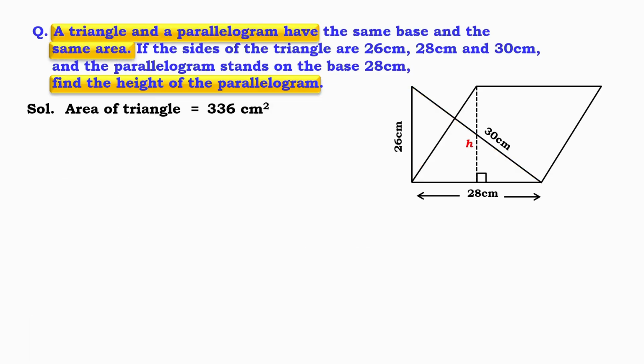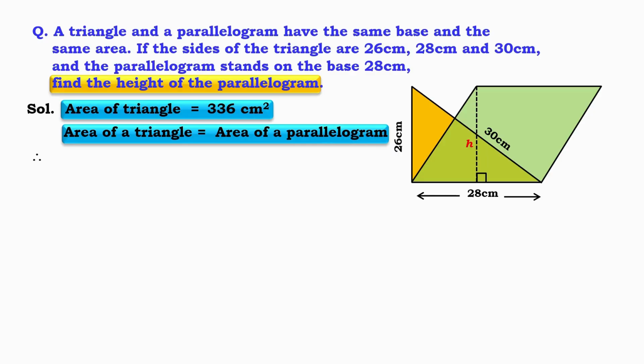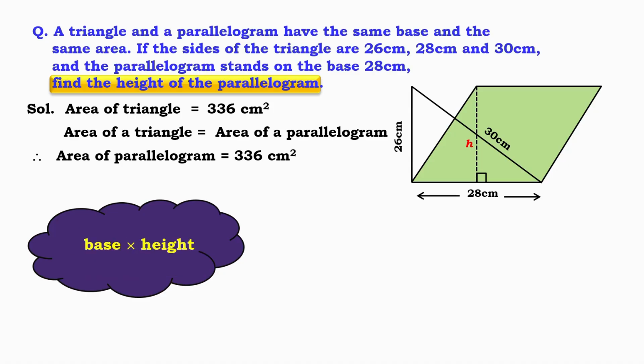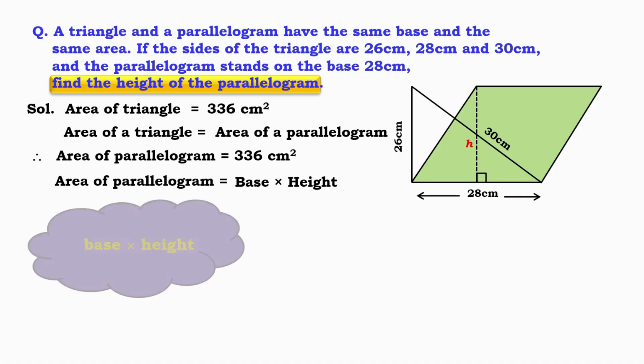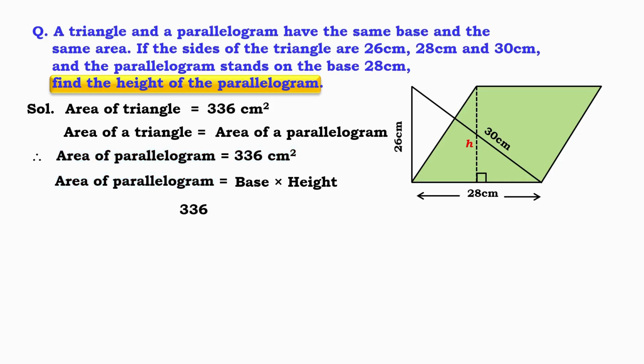Now since the triangle and parallelogram have the same area, the parallelogram area will also be 336 centimeters square, right? Now what is the formula to find the area of the parallelogram? That is base into height. We know here the base is 28. So 28 into height is equal to 336.